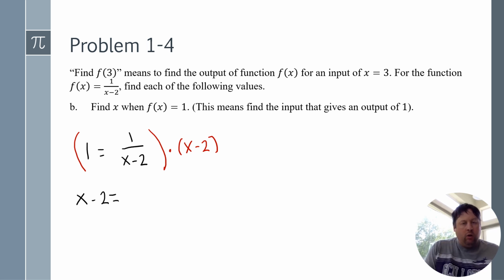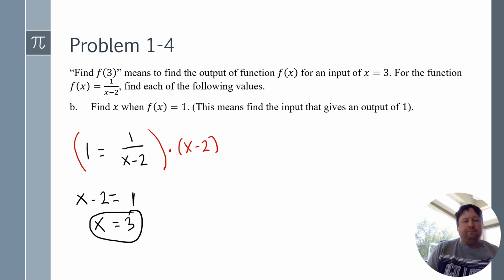That should equal, well, x minus 2 cancels with the x minus 2. That's why we multiply by the denominator, leaving me with a 1. Then to solve this, we're going to add 2 to the other side. So we get x equals 2 plus 1 is 3. And so I get an answer of 3.